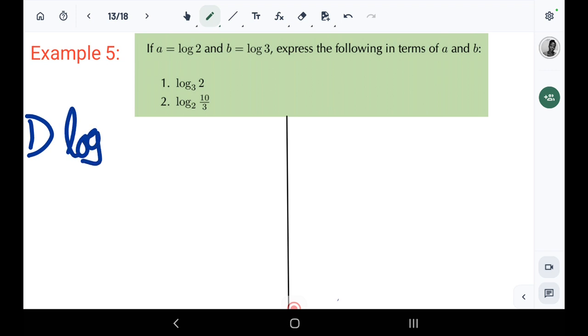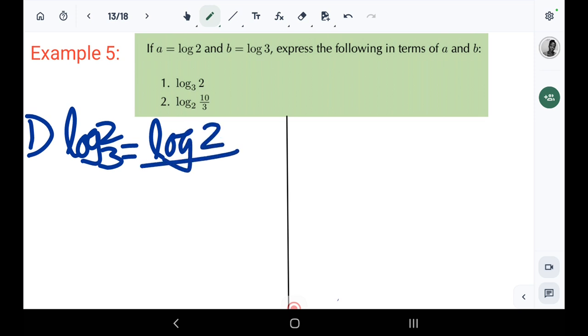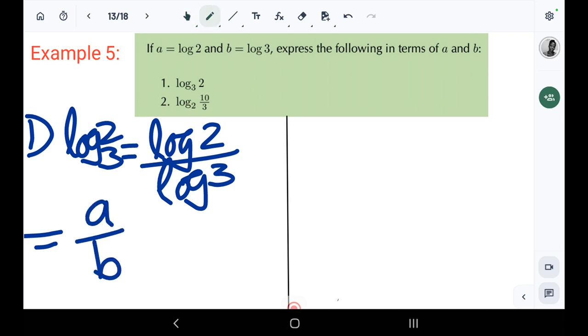Log of 2 to the base 3 can also be written, when you change that to a common base, as log of 2 over log of 3. Notice that because I did not write any base specifically, the base is 10. Now we know that log of 2 is equal to a, and the log of 3 equals b. So therefore that is equal to a over b. And that's your answer there.